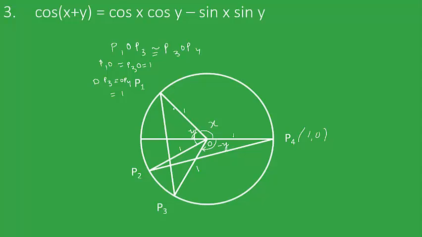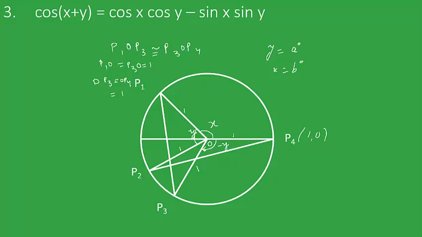for finding P1 O P3, let's say y is an angle of measure a degree and x is of measure b degree. Then minus x will also be a measure of a degree, and minus y will also be a measure of b degree.